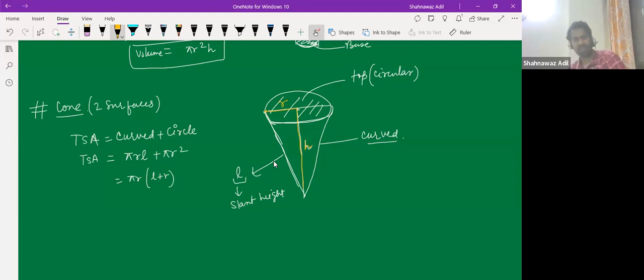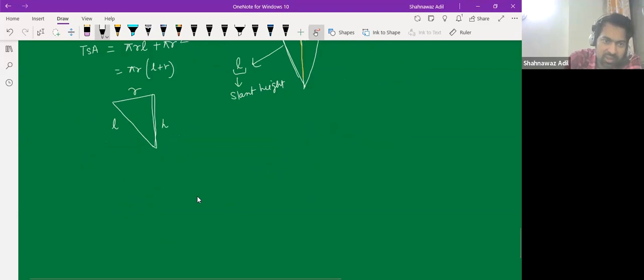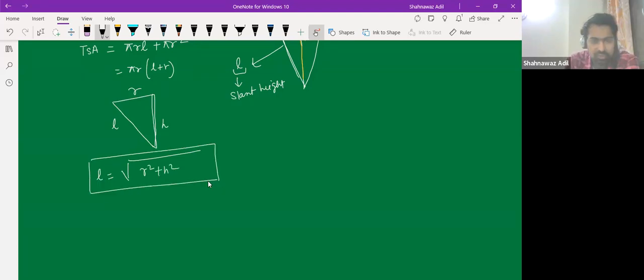This is r, this is l, this is h. Hypotenuse? Yeah, hypotenuse, right? So l would be the hypotenuse. So slant height is given by root of r square plus h square. Right, so this is about the cone.